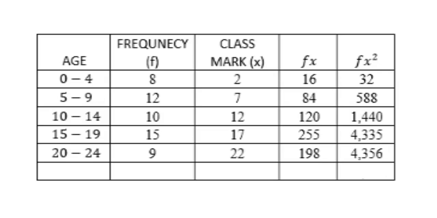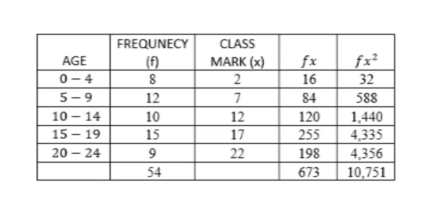Nanama, what are the totals? Have you calculated them for f, for fx, and fx squared? For the f, when I added, I had 54. For the fx, when I added, I had 673.